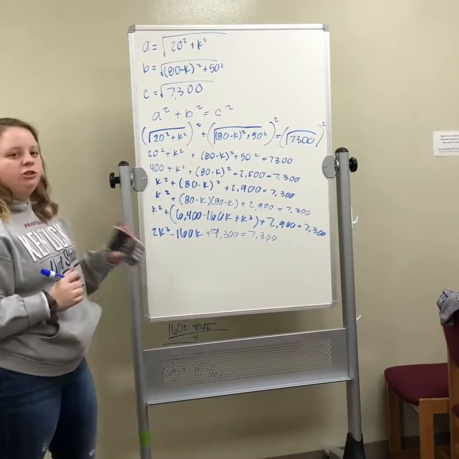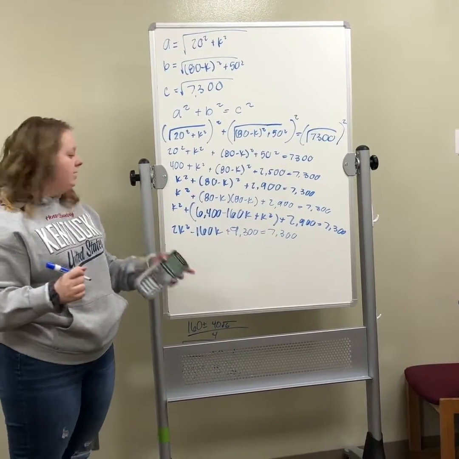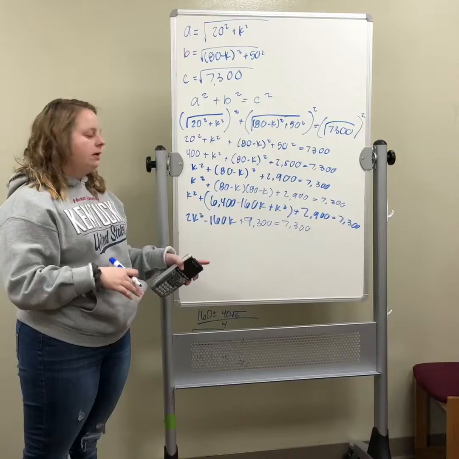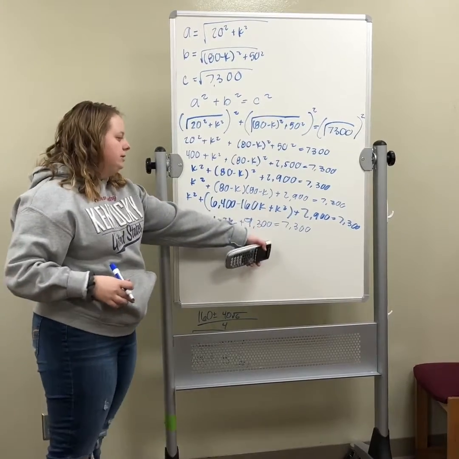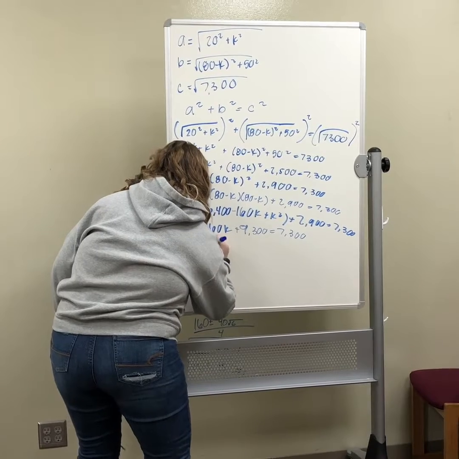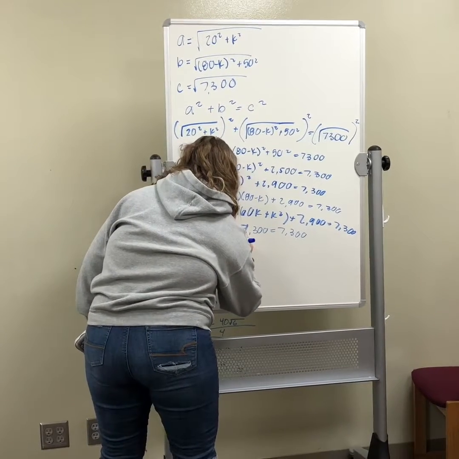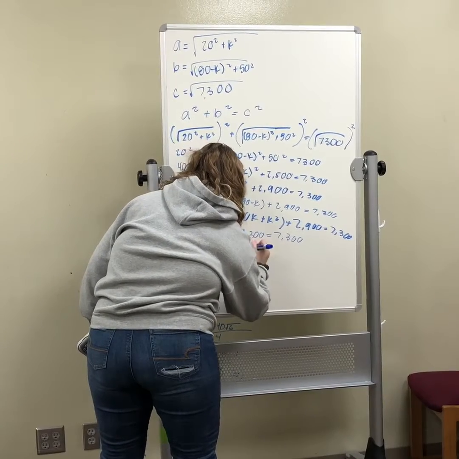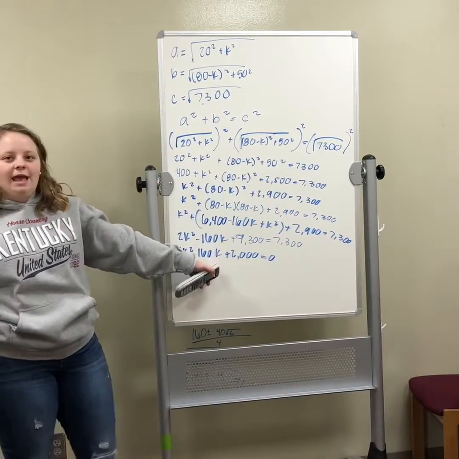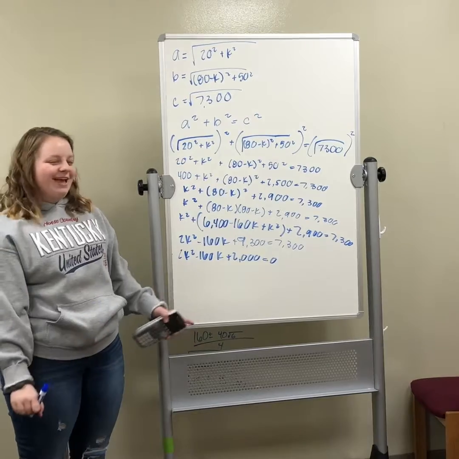Okay, and then you want to solve for k. To solve for k, you have to get all the variables on one side, so you're going to subtract the 7,300, and it equals 0. And then you have to solve for k. So Ashley is going to show us how to solve for k.